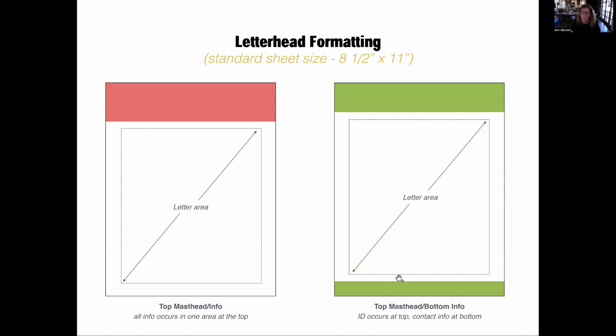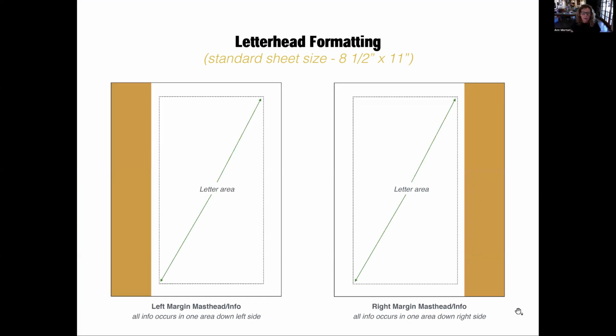And often people will do that. I myself have done things that way. Another way to think about it is a left or right margin masthead where things occur along the margin, kind of stacked. It kind of depends on what your ID looks like, but you'll see some examples of this approach.